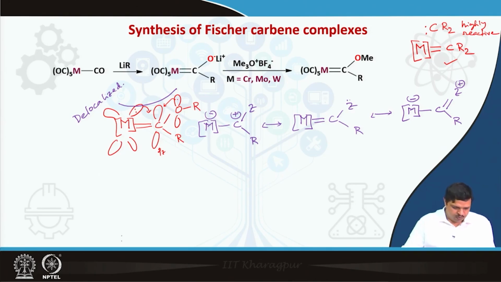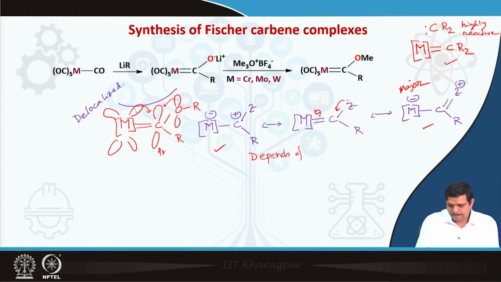Okay, now you see here it's basically formed like this one and that one. The contribution of this one is the major. However, the contribution of the two canonical forms, this one and this one, depends on the pi donation of what?